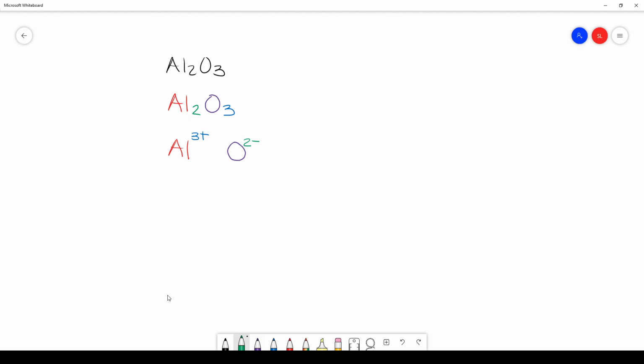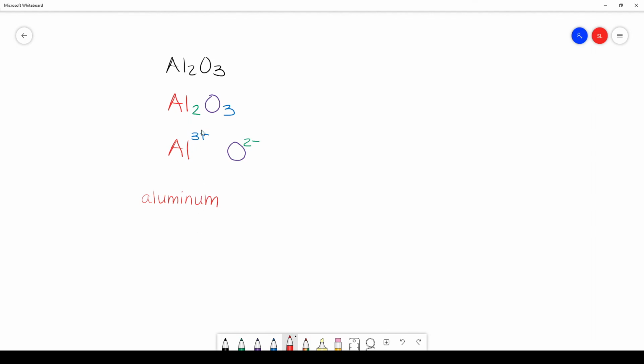So I've now written my ions with their charges, and now it's just a matter of writing the cation name and anion name. The cation name of aluminum is just aluminum. If aluminum was a standalone ion, I would include the word ion, but when it's part of an ionic compound, we remove the word ion. So the cation name as part of the ionic compound is simply aluminum.